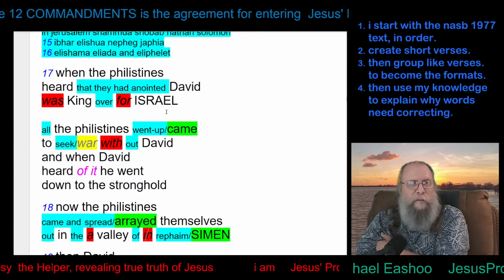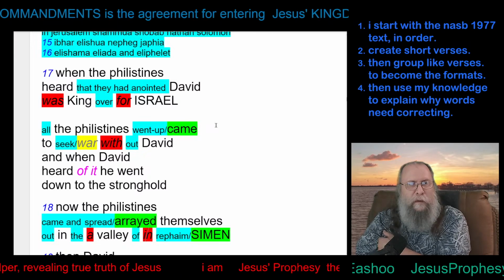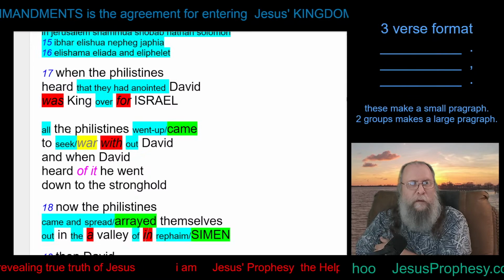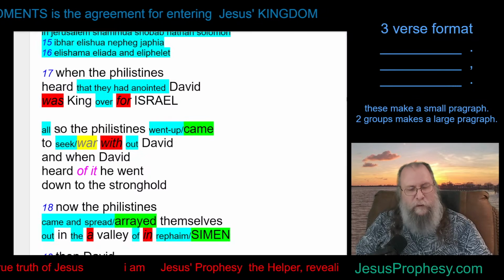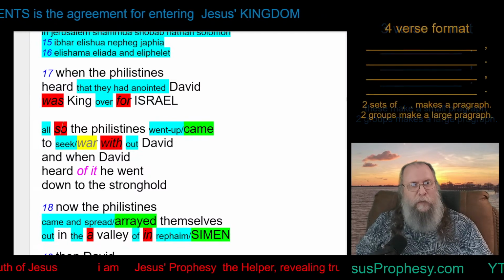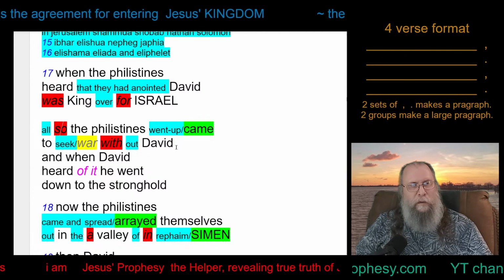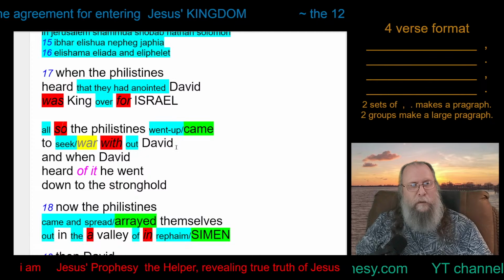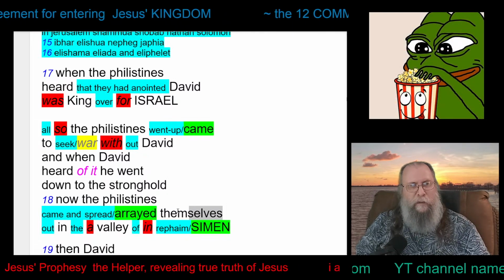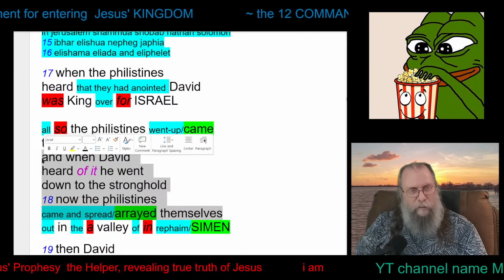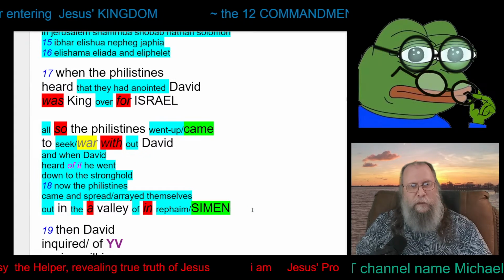So this would have to be so the Philistines came to war with David. Well, to go all the way down here, I got to get rid of all this. In a valley in Simons.